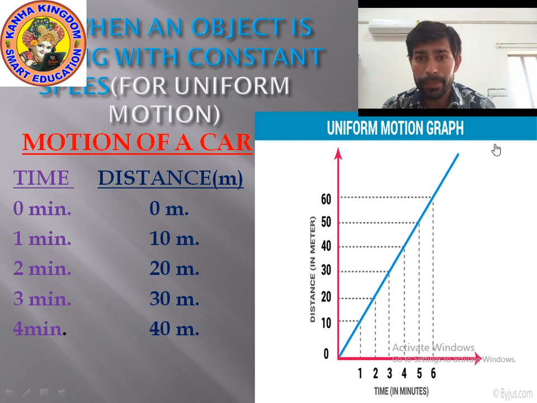Okay, remember, the graph for uniform motion will be a straight line graph. I hope you understood. Now let's talk about the non-uniform motion graph. Okay, let's move on to the next point.